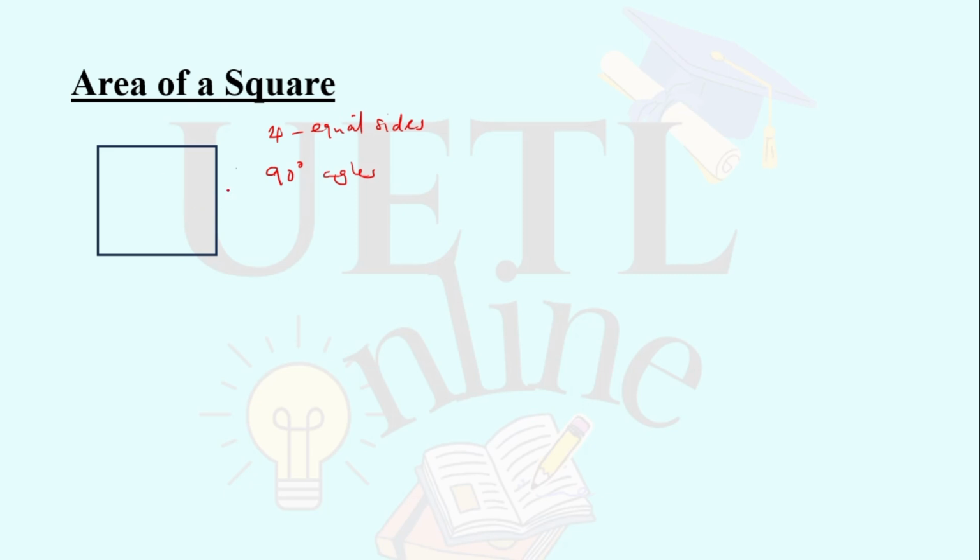In this case, I'm going to name the side S like I did in the last video, where we found the perimeter. To find the area of this shape, we are going to multiply this side and this side. This means we are going to say S times S. So you can say that the area of a square is S squared. This is how we find the area of a square. Make sure you remember this formula and the formula of the perimeter, because they are very useful.